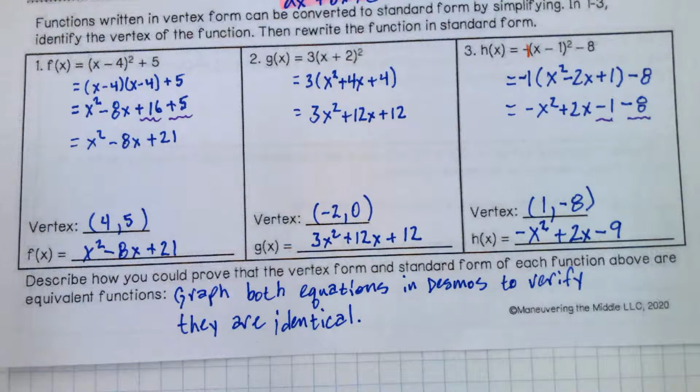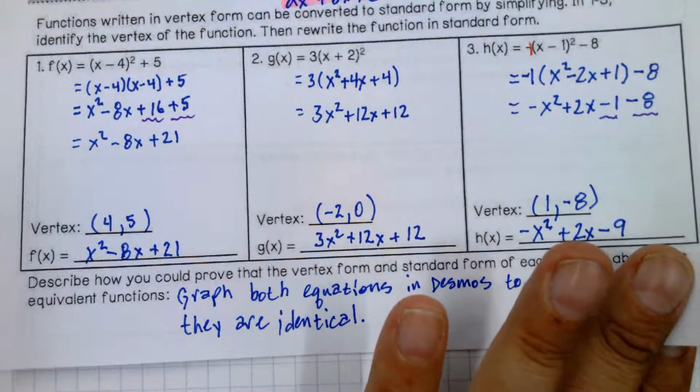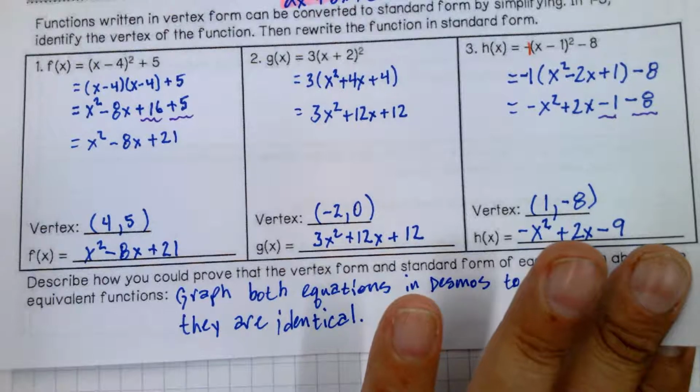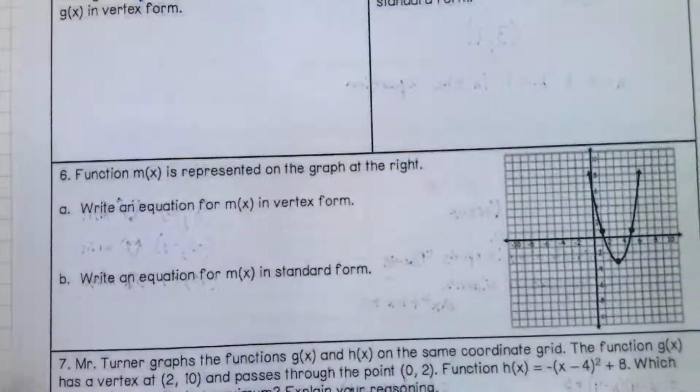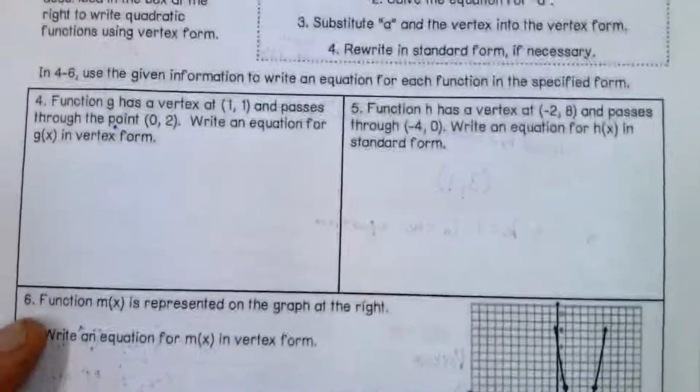Convert vertex form equations into standard form. The other thing we're going to do is on the other side. You guys ready? All right. We're going to write equations using vertex form.